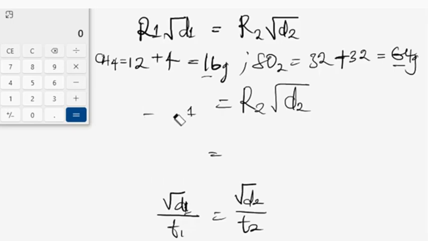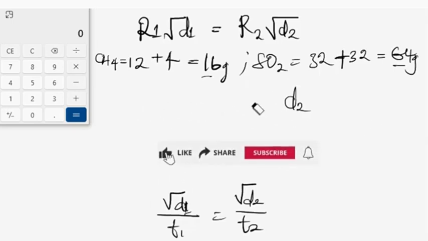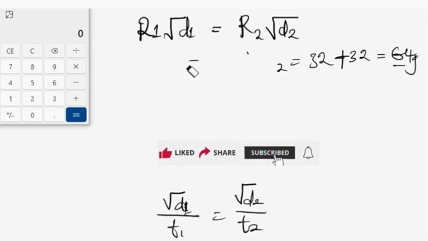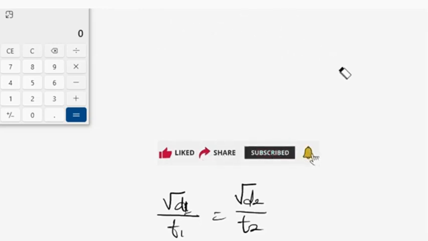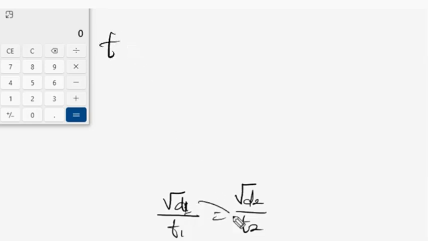So now we are at this point. We are going to go ahead and substitute for D1, T1 and D2 so we can get our T2. So remember we are looking for T2, which is the time for the sulfur. So here we can cross multiply.